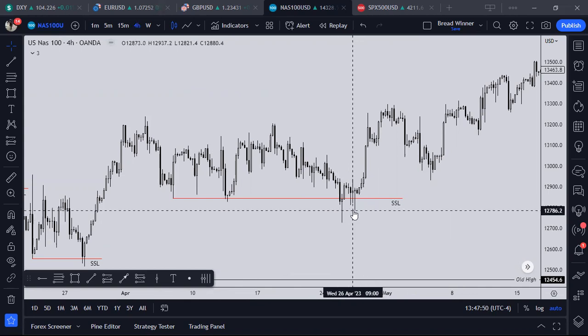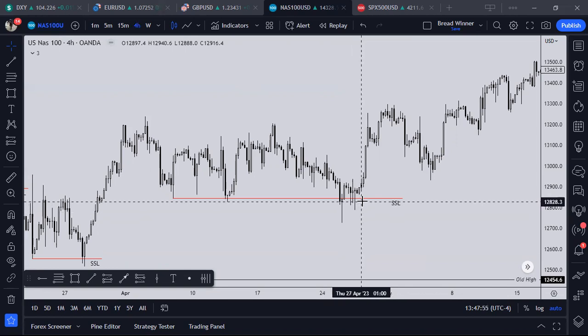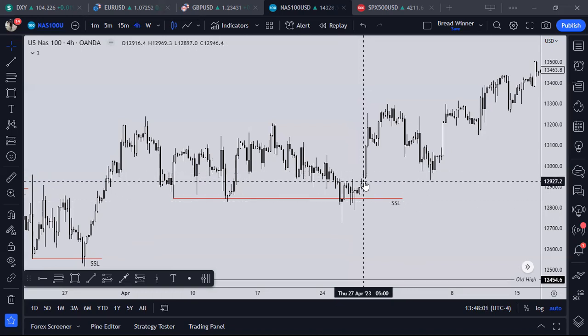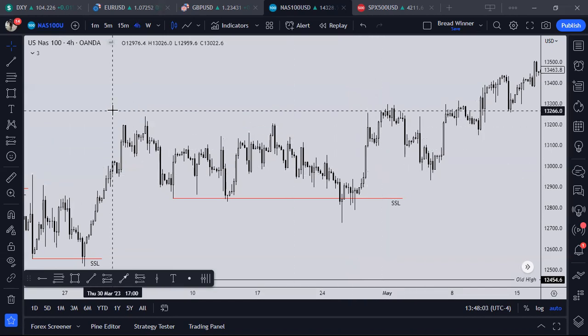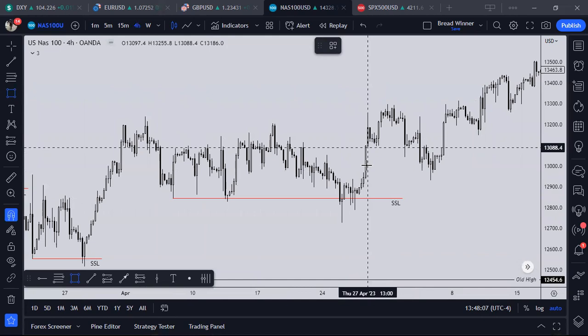So after we see the higher low form here, you can take a trade or hop in, or wait for the next session, right? With this being NASDAQ, wait for the open for the next day and take that trade higher towards buy side liquidity here. So now we have the fair value gap created, the BISI created here.